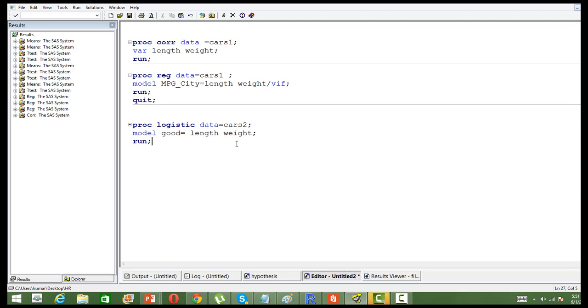Now I'm going to take the same variables again. Length and weight, maybe you can take engine size also. Good.